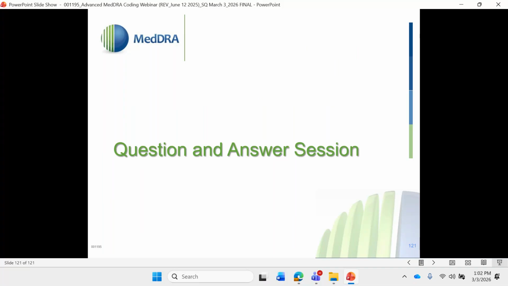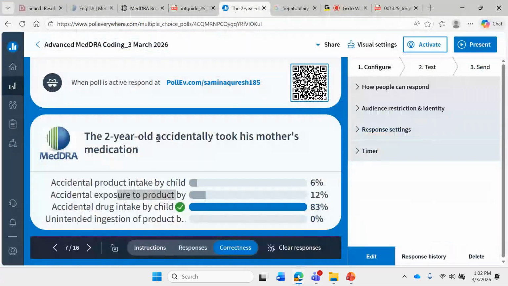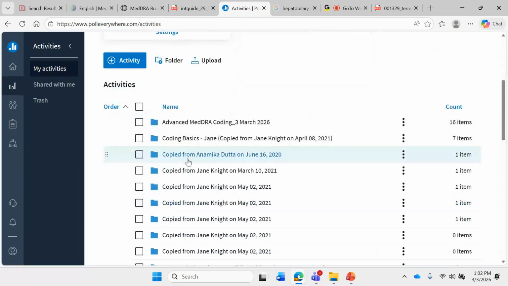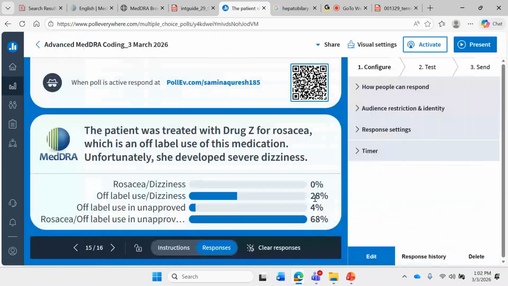Fantastic. Our next question says, why in question number 15 in the polling is the correct answer off-label use for unapproved medication, since it's not explicitly noted that the medication is not approved? Okay, 15. The patient was treated with drug Z for rosacea, which is an off-label use of this medication.